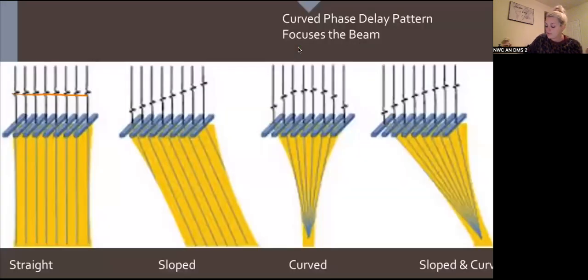The result is going to be a sound wave that looks like this, right? And that's not focused, right? So our sound waves have to be focused like this, right? This is where it has to be.